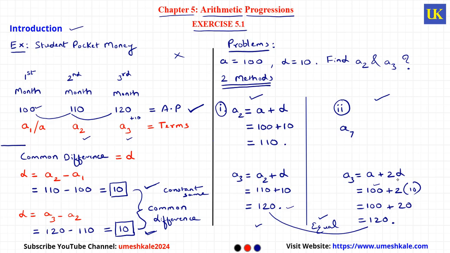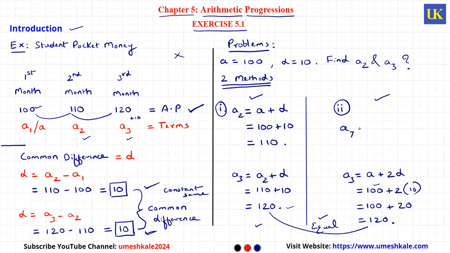Why we need to take 2d is because one time the amount is captured in a. So if we have to find a3, we need to reduce this number by 1, and that many d's we need to take here. So a plus 2d, because one time a is captured here, and the remaining two times it will be captured here.